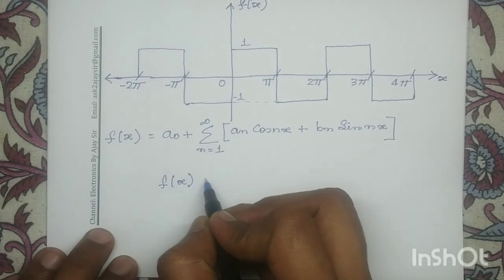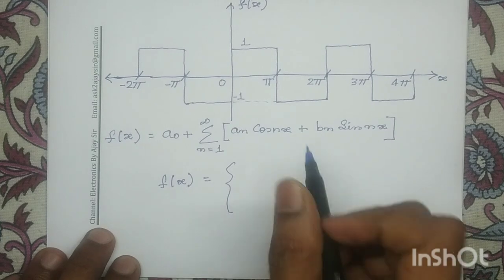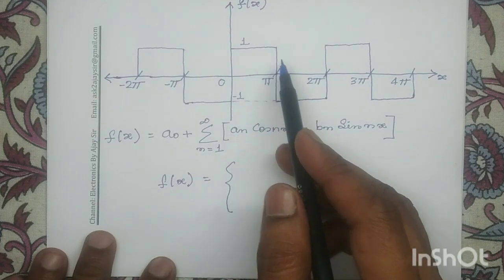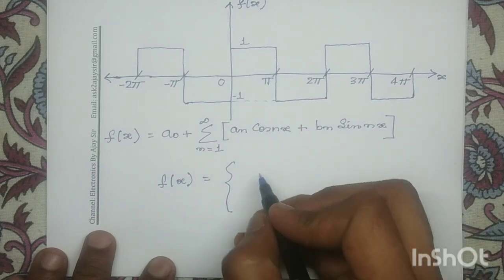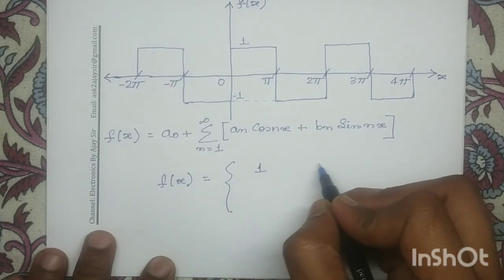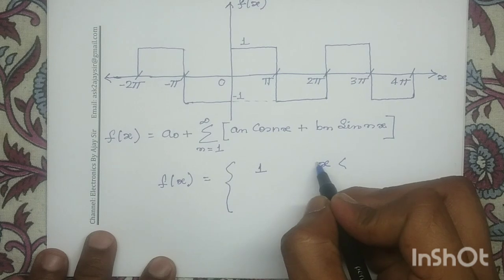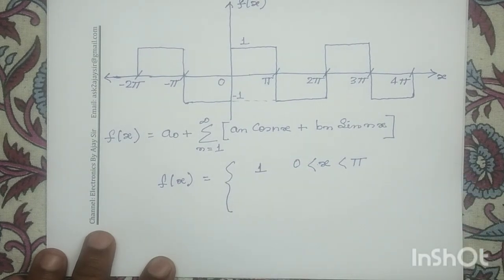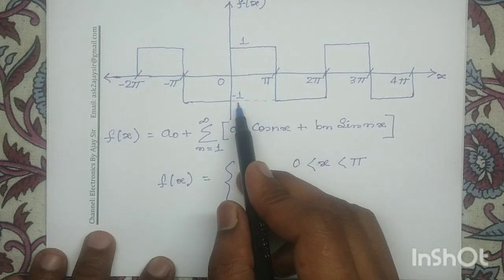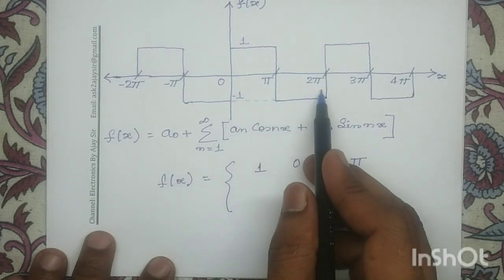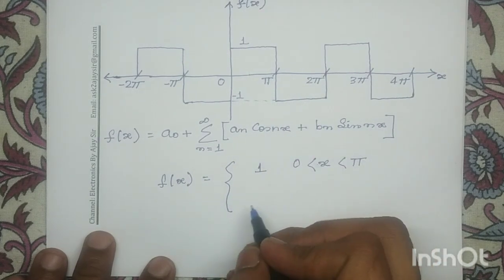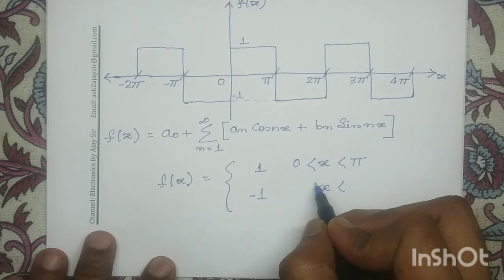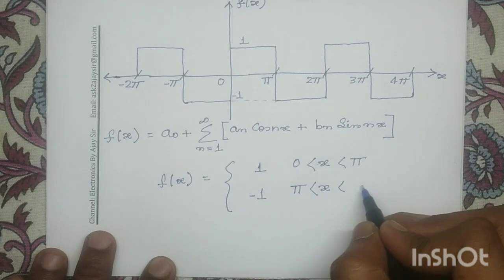In this waveform, f of x equals 1 when x varies from 0 to pi, and f of x equals minus 1 when x varies from pi to 2 pi.